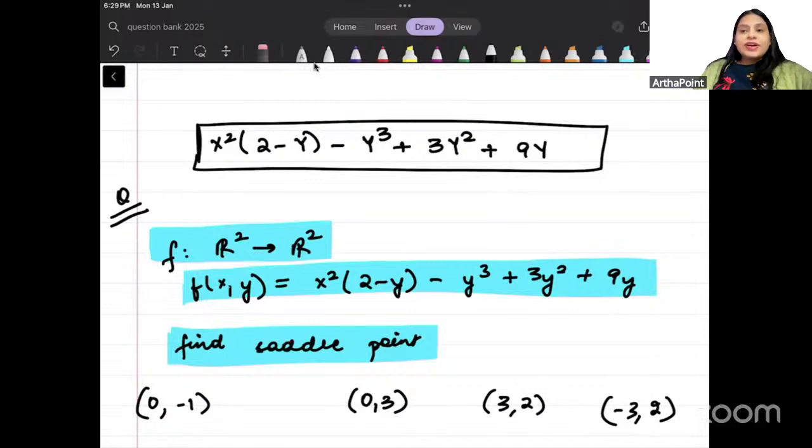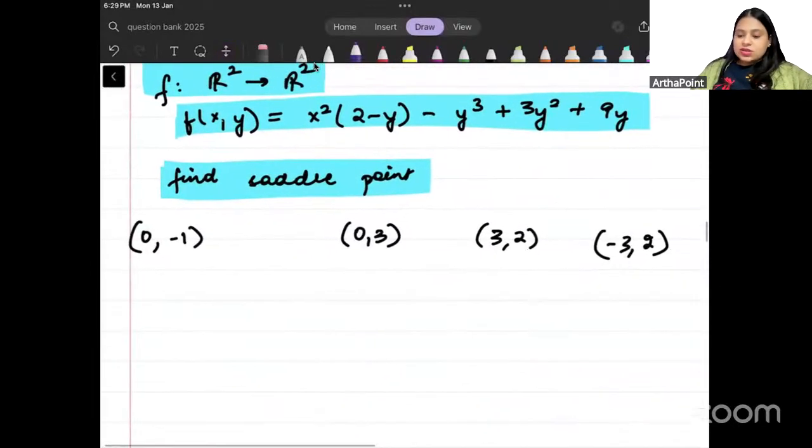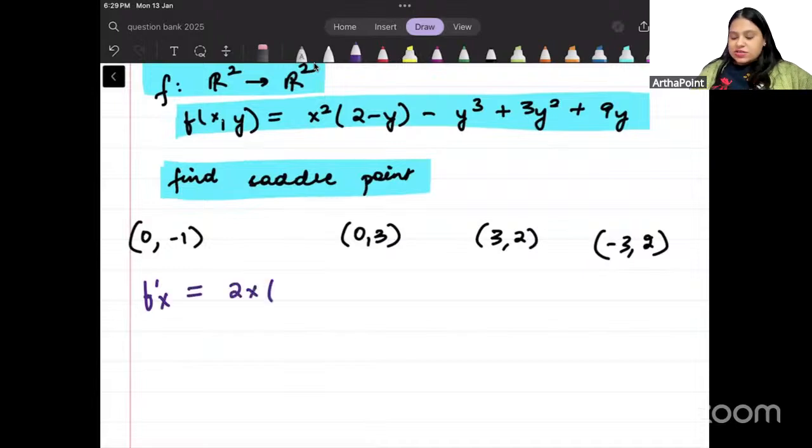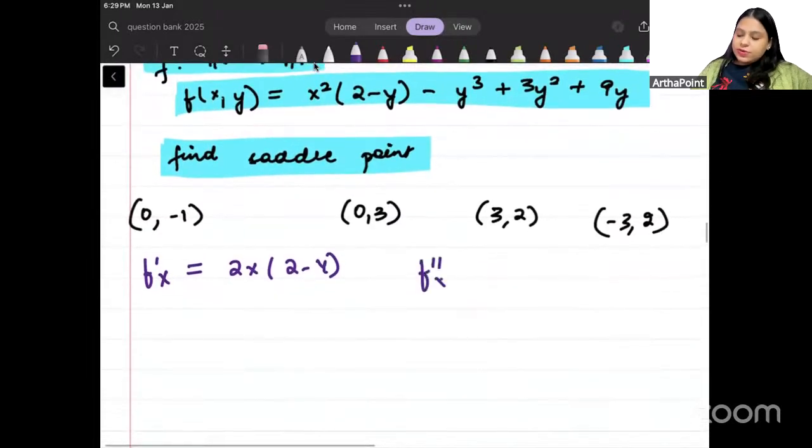So we need to find the saddle point of the function. First of all, let's find the first order condition with respect to x: 2x, 2 minus y, and that's it, right? Second order derivative, 2, 2 minus y.